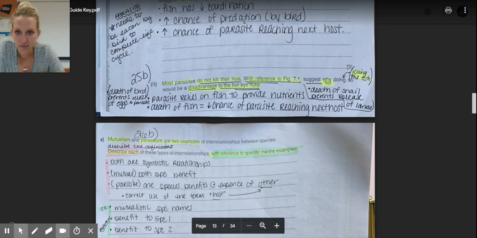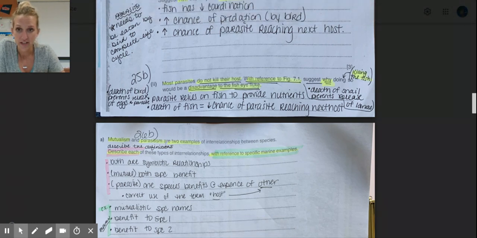Okay. And these answers don't even have to be about killing the fish because there are multiple hosts. So if the parasite killed the bird, then it's not going to release the parasite's eggs.